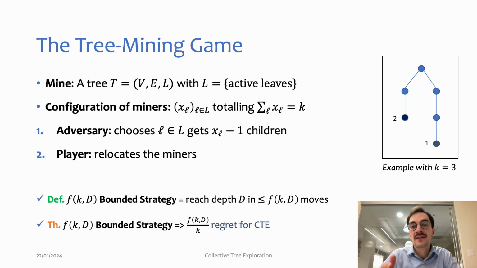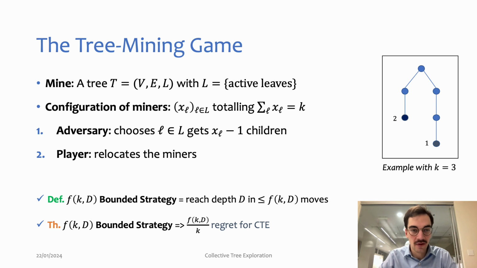and a set of leaves that we call active leaves. And every active leaf has a number x_L associated to it, which corresponds to the number of miners that are mining at this leaf. In the example on the right, there are 2 miners on the active leaf on the left, and 1 miner on the active leaf on the right.